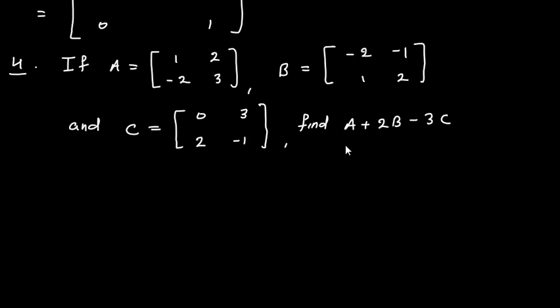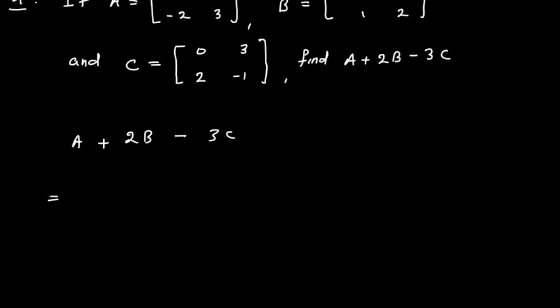Now this fourth problem: here we have three matrices A, B and C, and we have to find A plus 2B minus 3C. So what is the problem? Simple. Okay, all the three matrices you can solve simultaneously. Here you have A plus 2B minus 3C. So you write the value of A first.